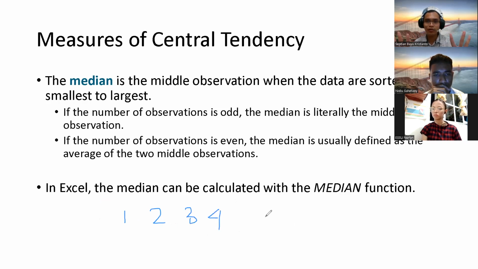You only have 4 measurements of data. Where is the median? The median is the data between 2 and 3. Okay. You need to count the data number 2 and number 3, and you need to average them. That is the median. Okay. So it's only talking about the position, the observation in the middle of your data.